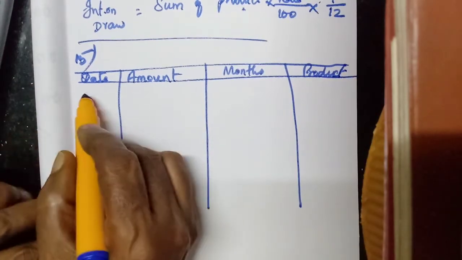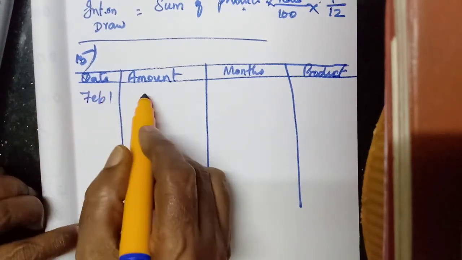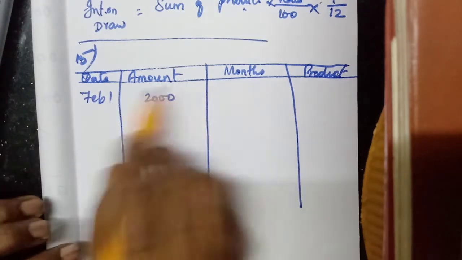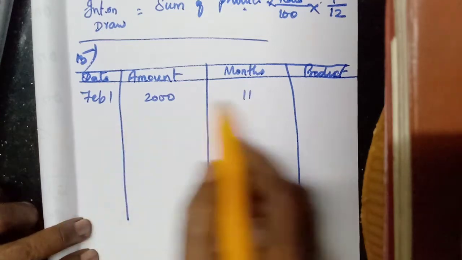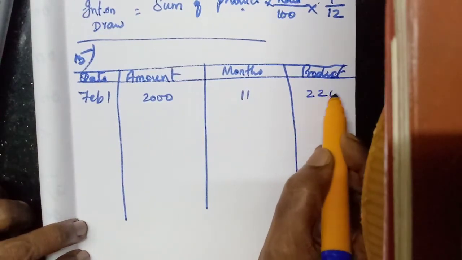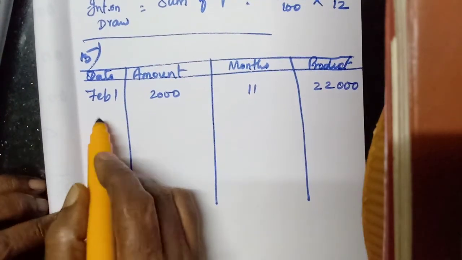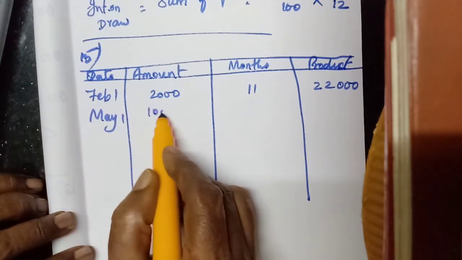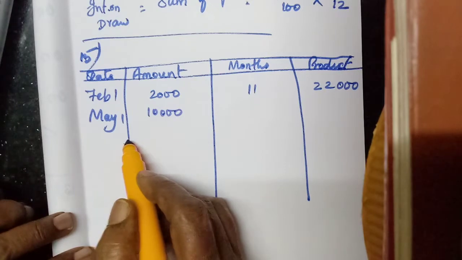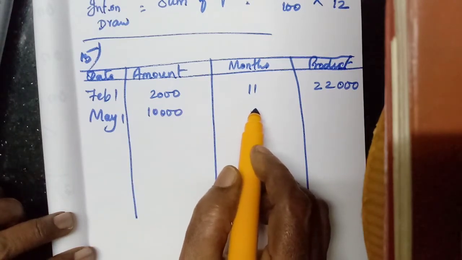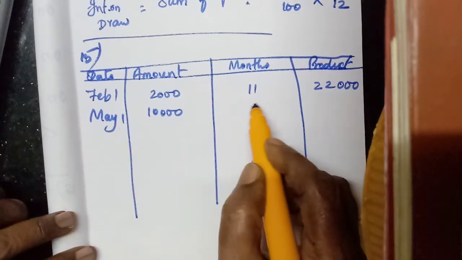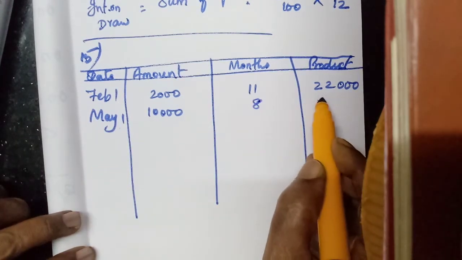For example, first one, February 1. Amount 2,000. Number of months, February also included, so 11 months. 11 into 2, 22,000. Next, May 1. Amount 10,000. From May to December, so 4 months we need to deduct. 8 months. 80,000.